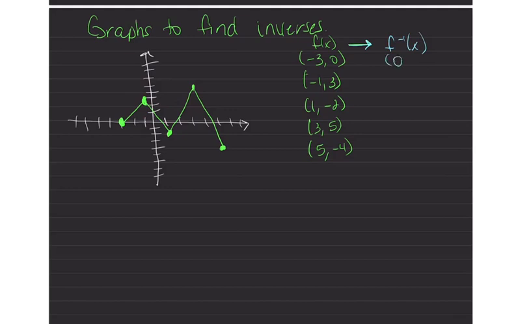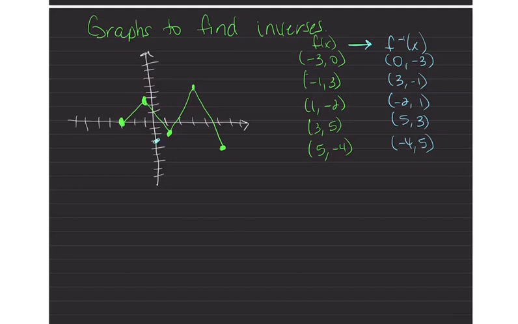So I now have 0, -3, 3, -1, -2, 1, 5, 3, and -4, 5. So let's plot all of those points. Sometimes if you had different colored pencils, pens, markers, it helps a little bit.